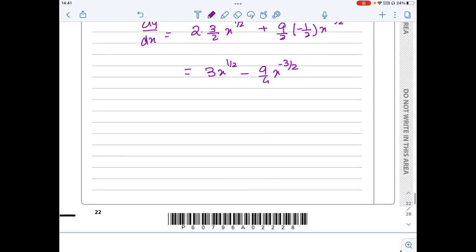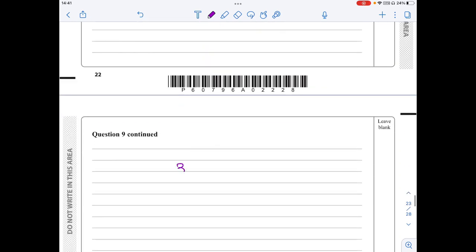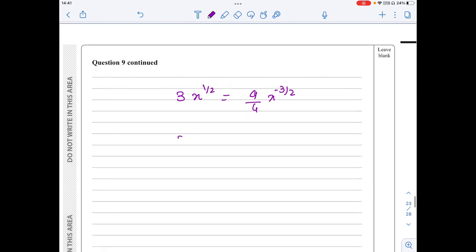So the derivative should be equal to 0. So 3x power 1 upon 2 minus 9 upon 4 x power minus 3 upon 2 equals 0. So what do I get from there? 3x power 1 upon 2 equals 9 upon 4 times x power minus 3 upon 2, so 3x power 1 upon 2 equals 9 upon 4 x power 3 upon 2 after moving the power across.